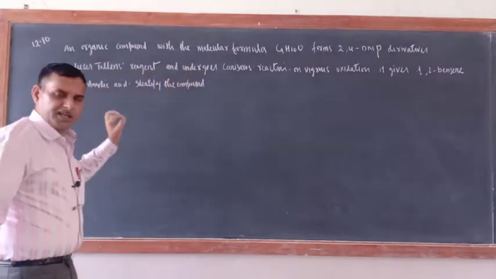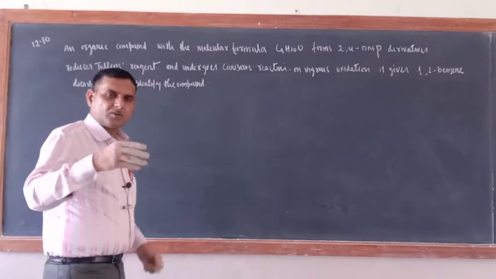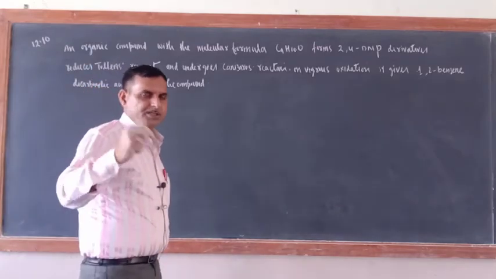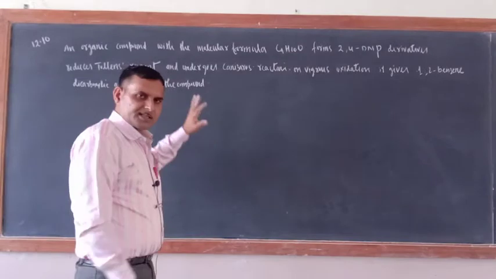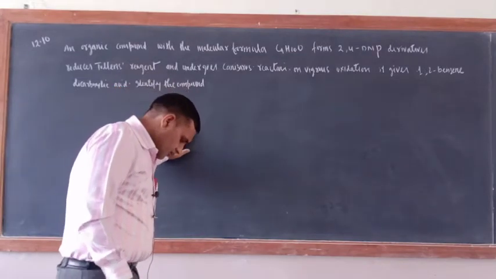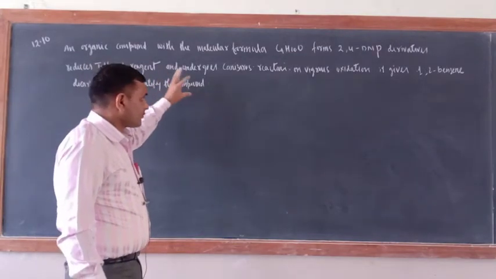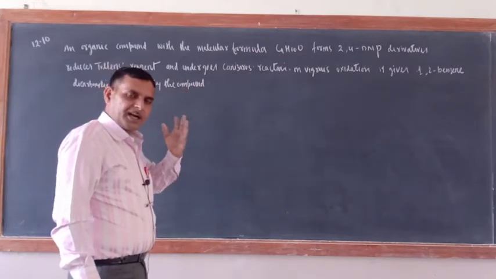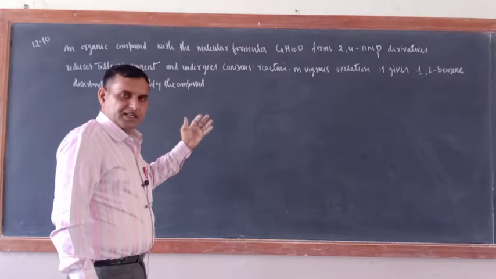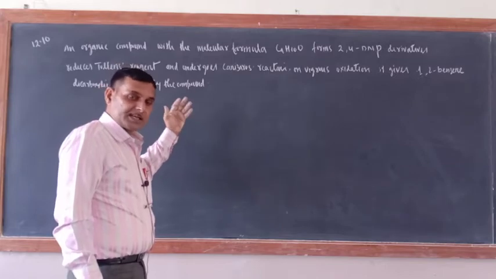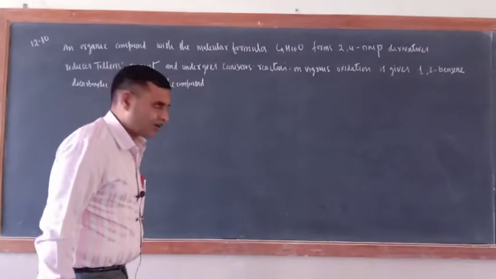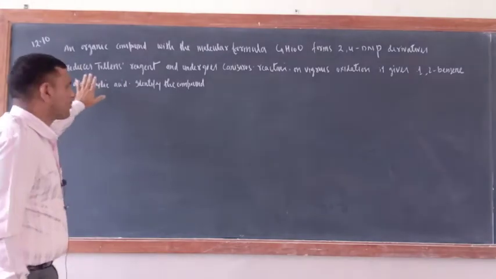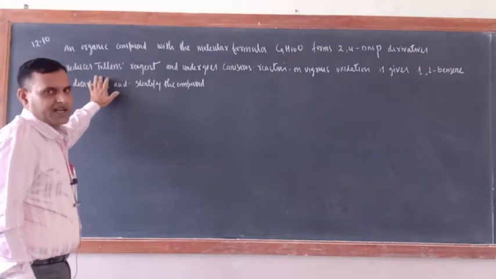Such questions are known as story type questions, and all the answers are hidden here only. What you have to do is just read each and every line. Then you will get some hint, and on the basis of that hint you have to work it out. So it is proved now that it is an aromatic aldehyde.